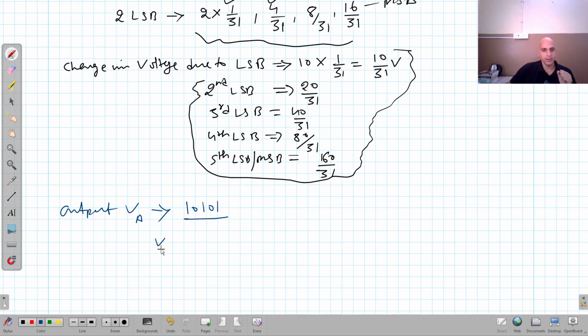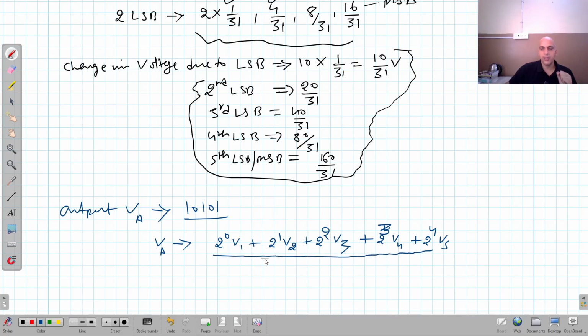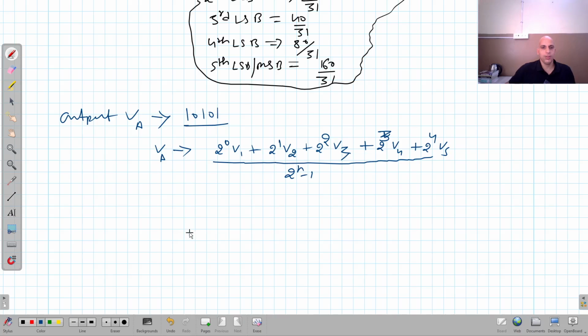We know what Millman's theorem is: 2 raised to power 0 B1 plus 2 raised to power 1 B2 plus 2 raised to power 2 B3 plus 2 raised to power 3 B4 plus 2 raised to power 4 B5, divided by 2 raised to power n minus 1. Here n is 5, so the denominator is 31.